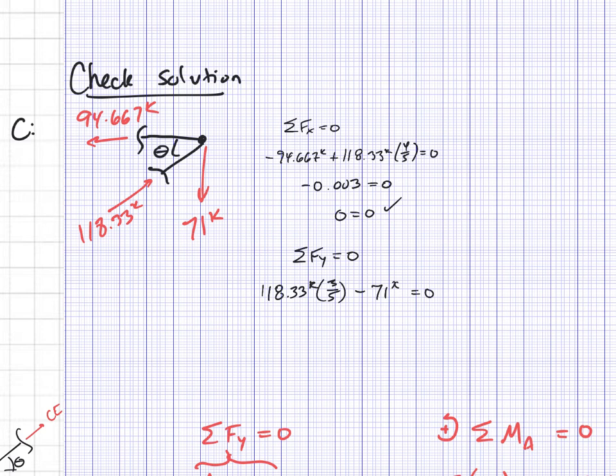Plugging this into the calculator, 118.33 times 3 divided by 5 minus 71 equals negative 0.002. So basically 0 equals 0. That's the rounding error right there.